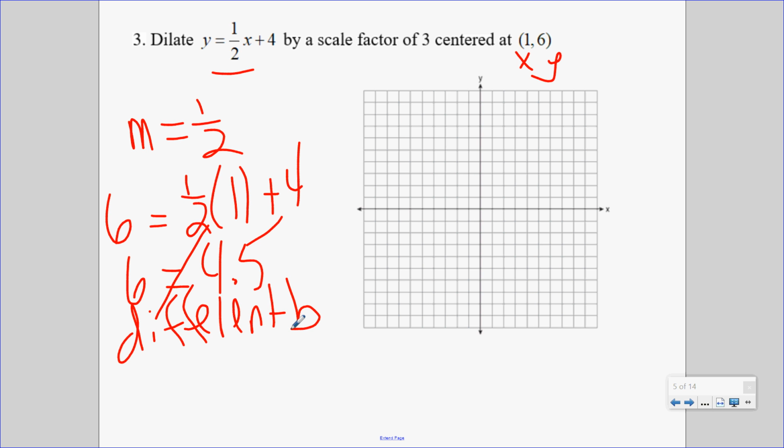If I want to find b, here's what I would do. I'm going to graph the original line. Y-intercept is 4, slope is 1/2.